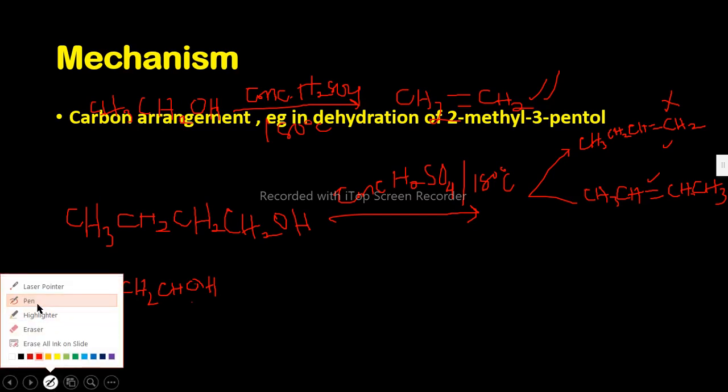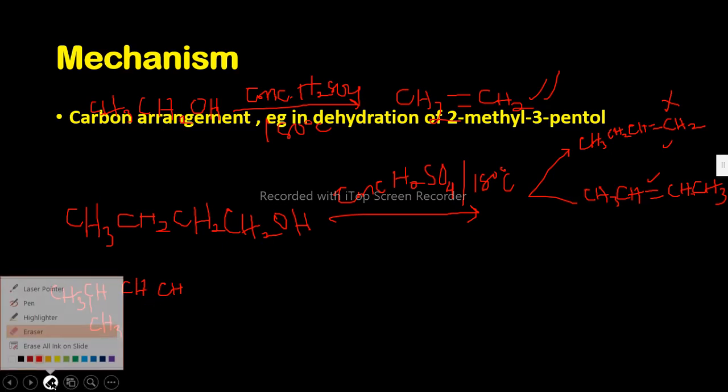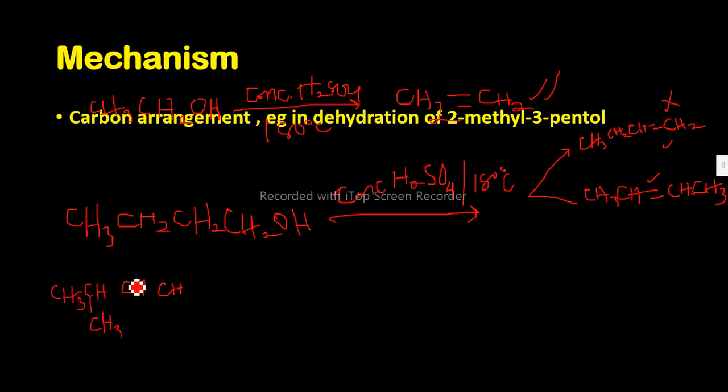So let me erase this and put this one here, to bring out the concept that I want. I also erase this, and I put the OH here, and then I put 3 here. So now the same thing, now we shall form this.